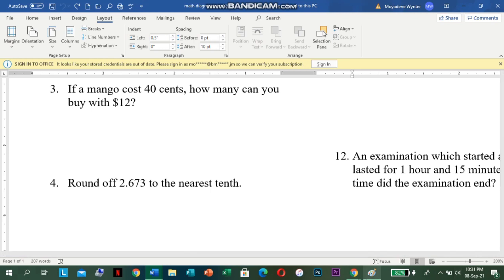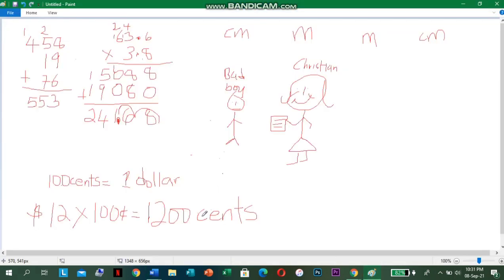So we're going to use our 1,200 cents to see how many mangoes we can buy.